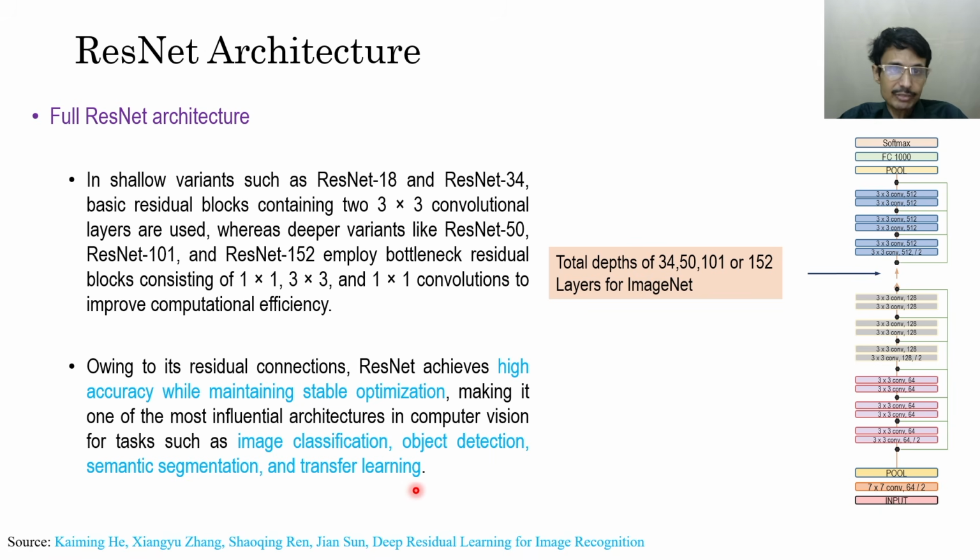That is basically transfer learning. ResNets are very much used for transfer learning for very different kinds of architectures. That's why it is said that ResNet is very useful for computer vision tasks, efficiently using transfer learning.